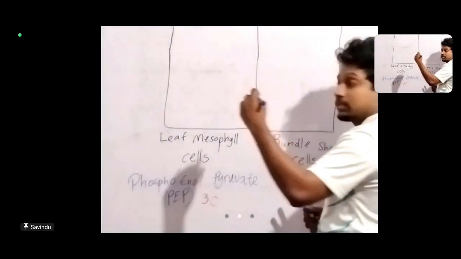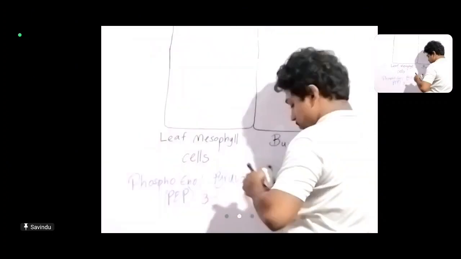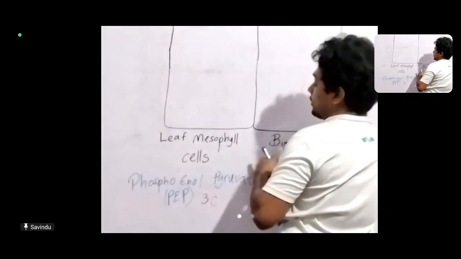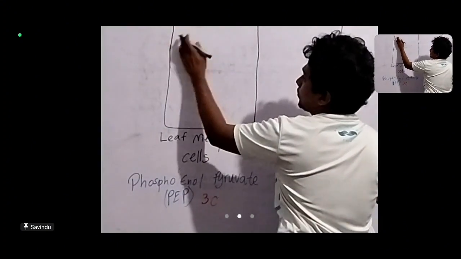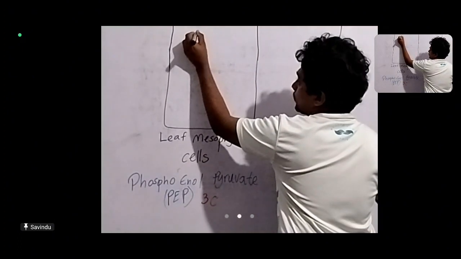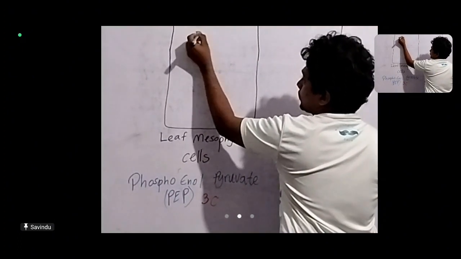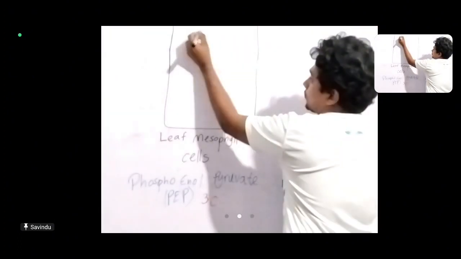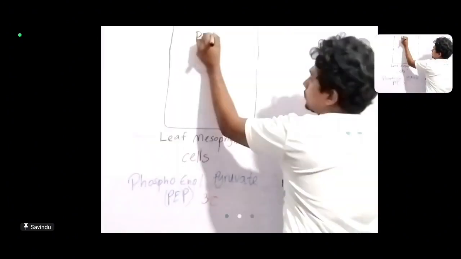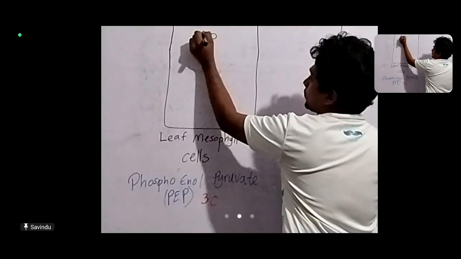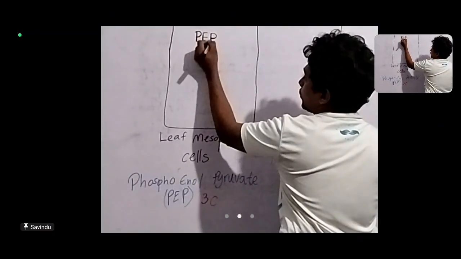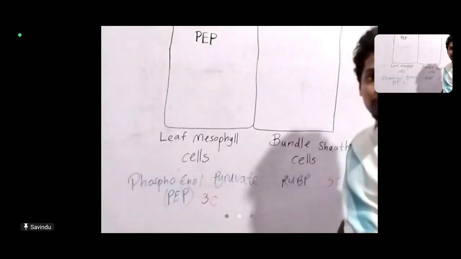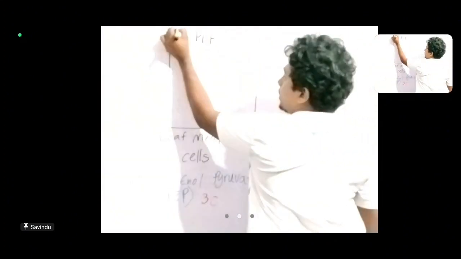This phosphoenol pyruvate, otherwise PEP, is the molecule which fixes carbon dioxide.